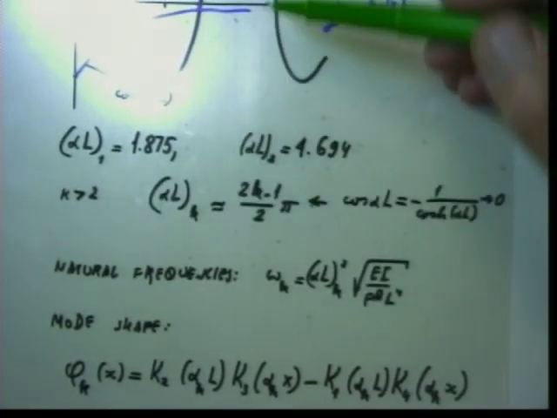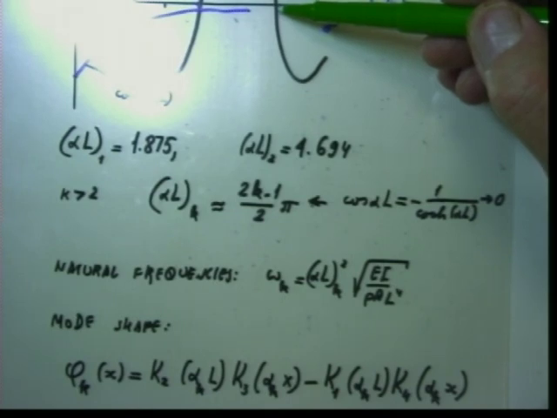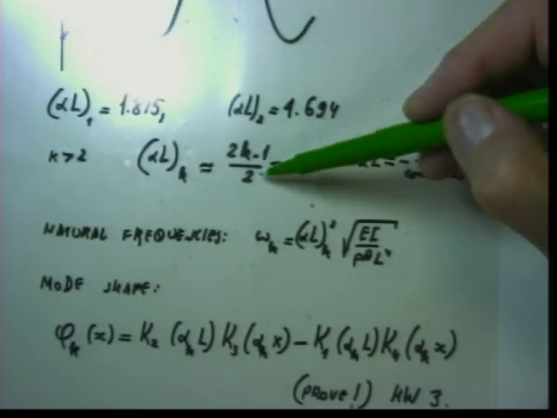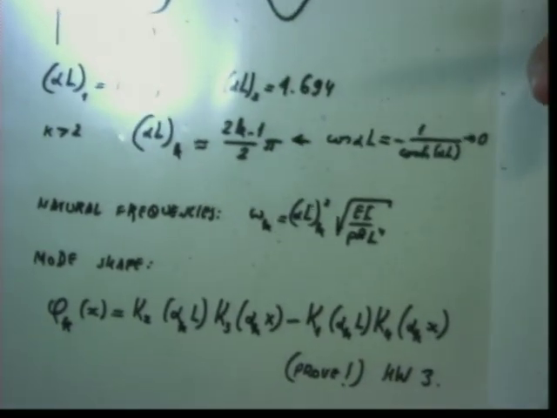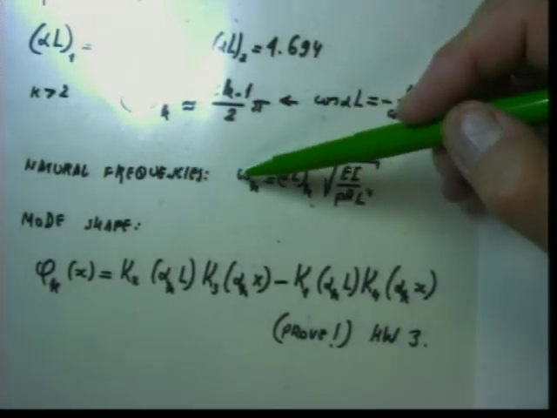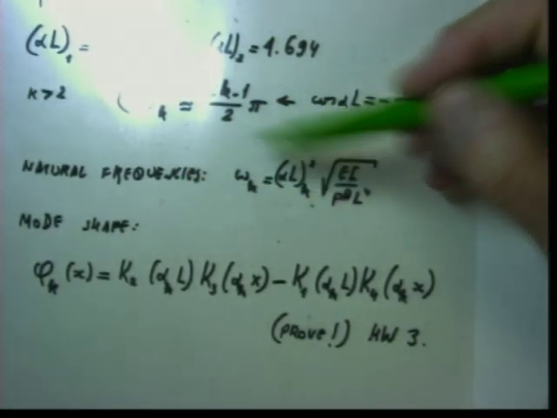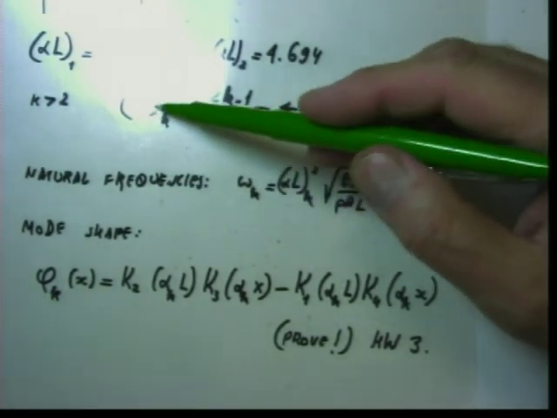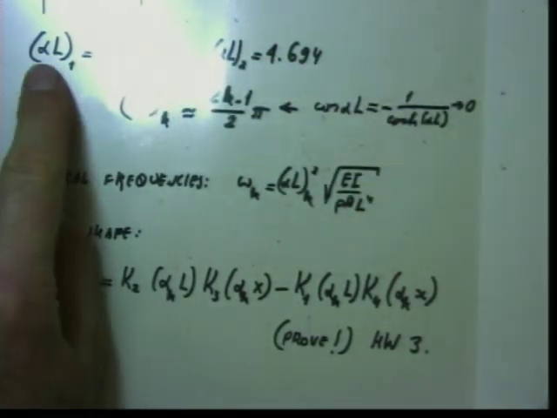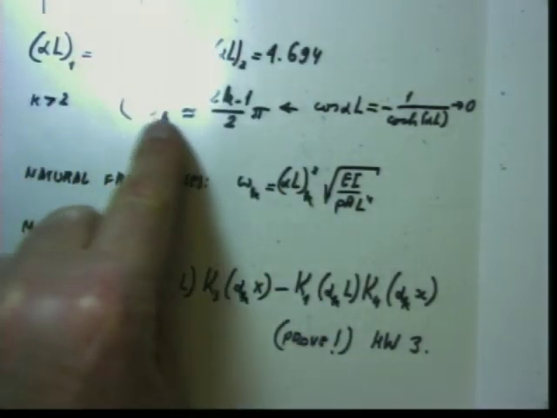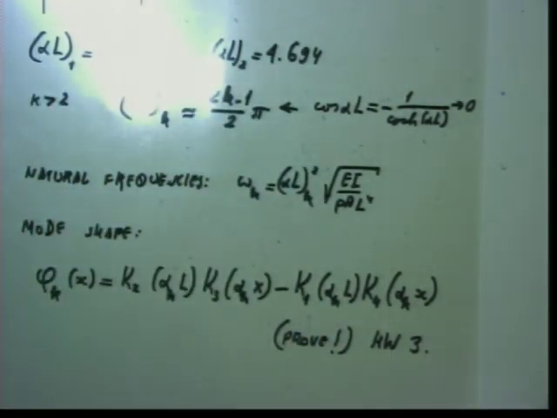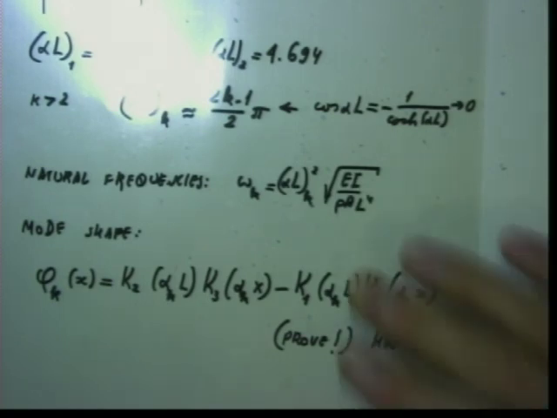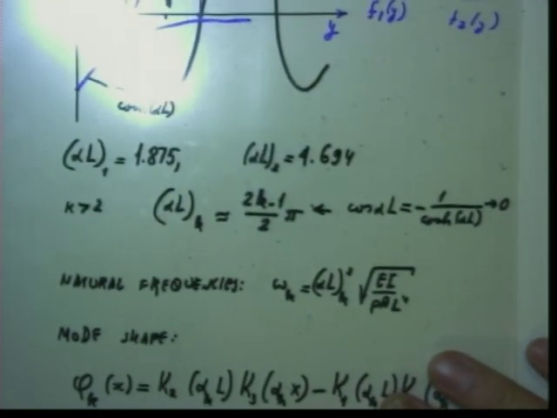But for greater values, and this value is here, it's a bit more than 5/2 of pi. So that is (2k minus 1) over 2 pi. How much are the natural frequencies? Natural frequencies, then, I should take the k-th value of alpha L. So that is first value, that is a second value. Then that is the k-th value. Maybe I should put it down so that we see better.